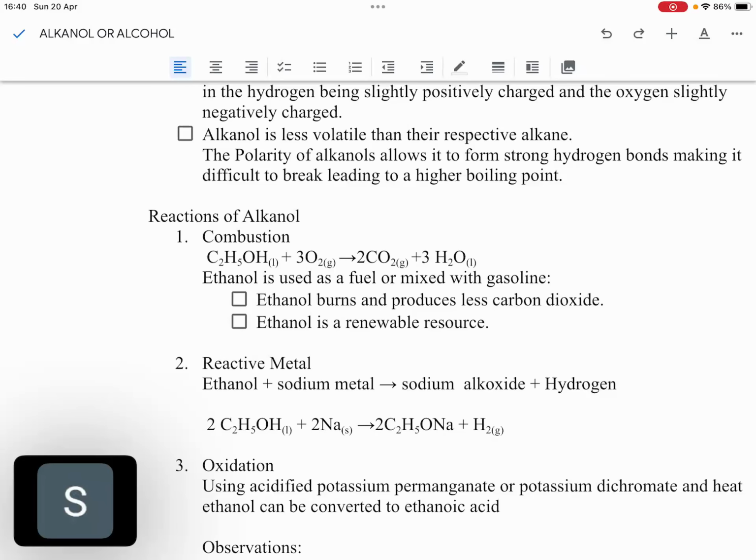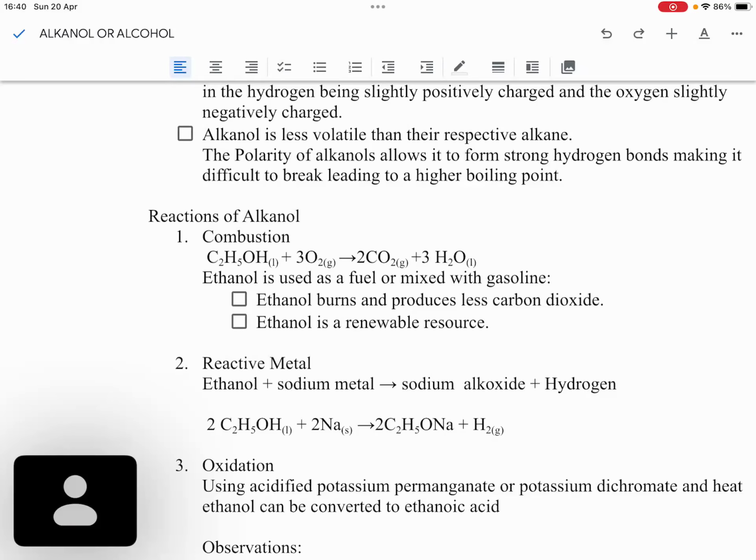Then for our reactions of alkanols, what we have is combustion.